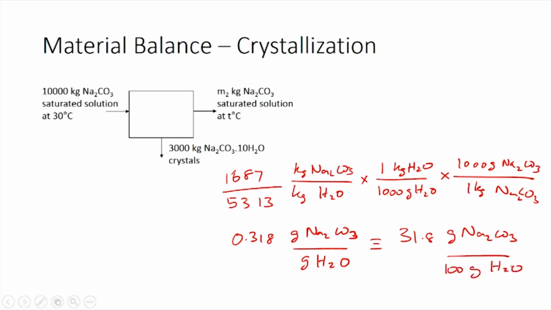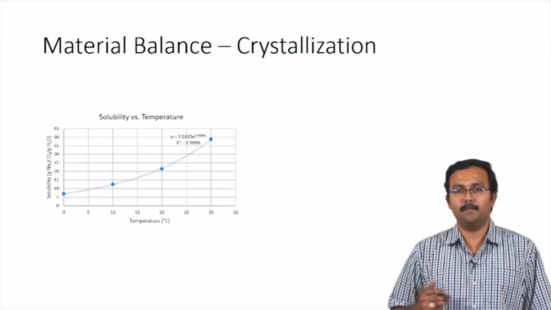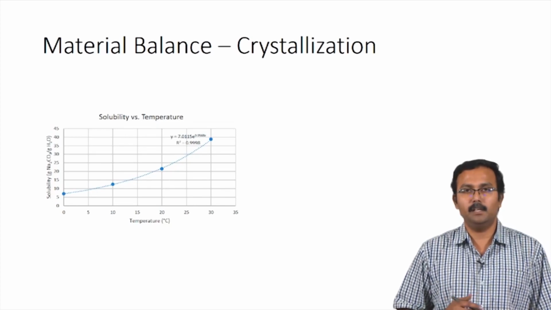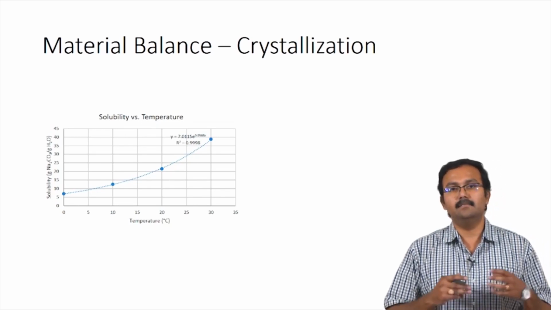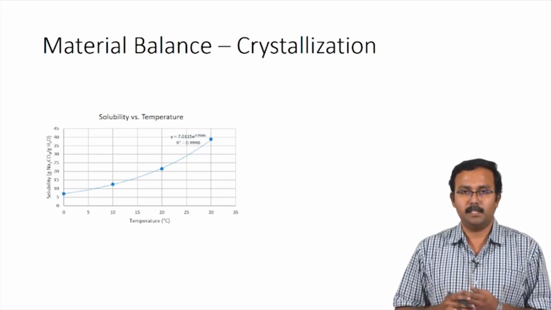So, this would be the solubility data which we will use to fit in the curve we can generate through the data provided. So, if you look at this curve, this is the solubility data plotted against temperature. We plotted it using Excel, and the curve which we obtained was fitted for an exponential curve.